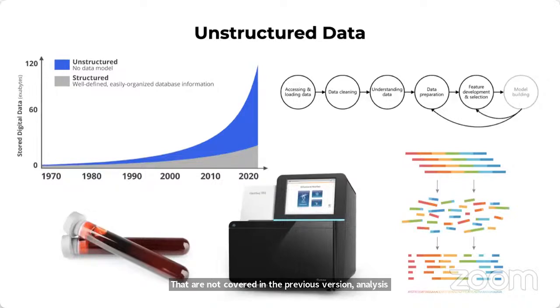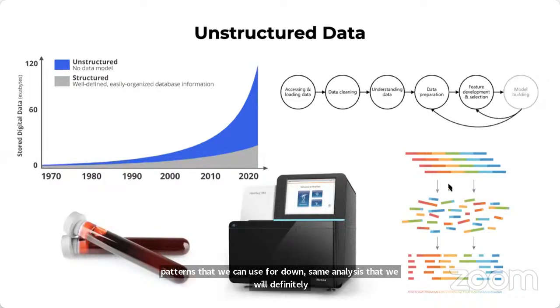So it's much better if we consider unstructured data and then devise our own analysis pipeline with the latest available algorithms and reference genomes to arrive at the most updated pattern that we can use for downstream analysis that we will definitely discuss in future sessions.